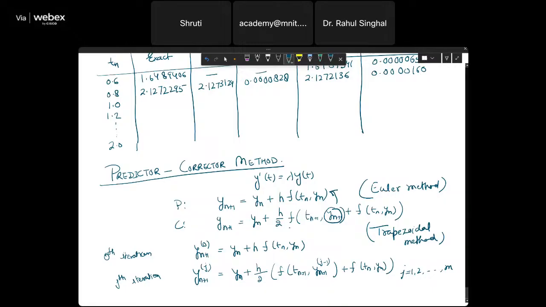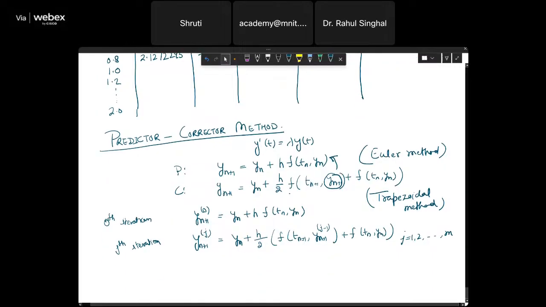In practice, we observe that generally one or two applications of the corrector are sufficient to improve the accuracy. After that, not much more improvement is seen. So it is not very expensive: with just one or two iterations at the corrector step, we get good accuracy.